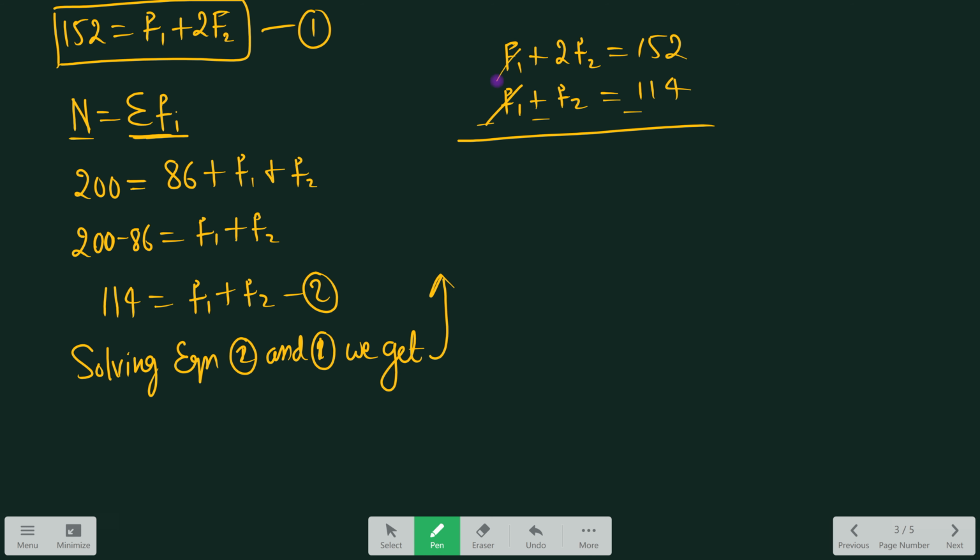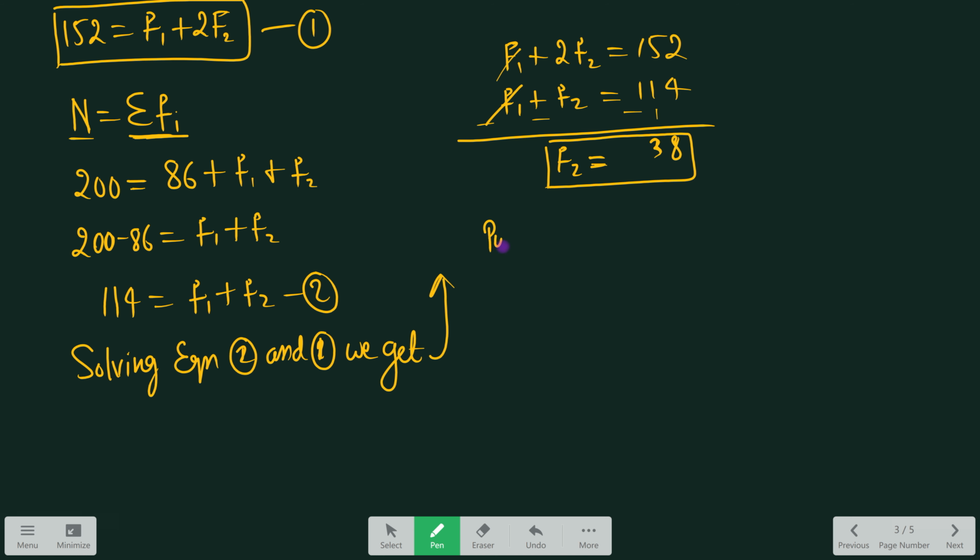When we subtract F2 from 2 F2, we are going to get only F2. F2 is equal to, when we subtract 114 from 152, how much we are going to get? 38. We have got the value of F2 here.